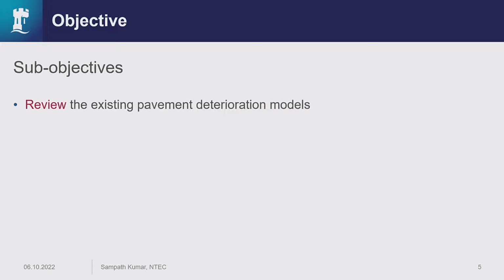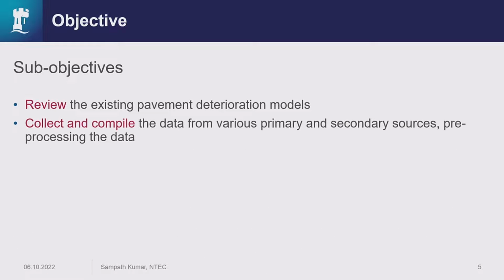Though we have a broad objective, we have sub-objectives to achieve it. First is to review the existing pavement deterioration models for concrete pavements around the world. Secondly, to collect the required data from the different sources we have, and compile it. The third objective is to identify which modeling approach should be adopted for this project.